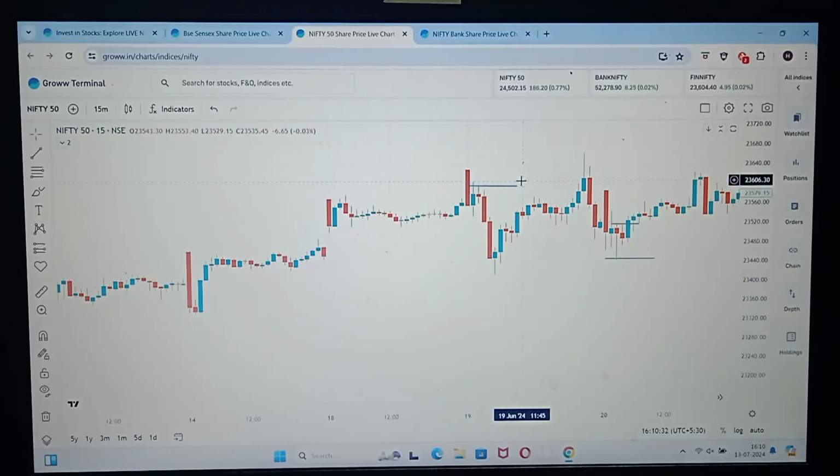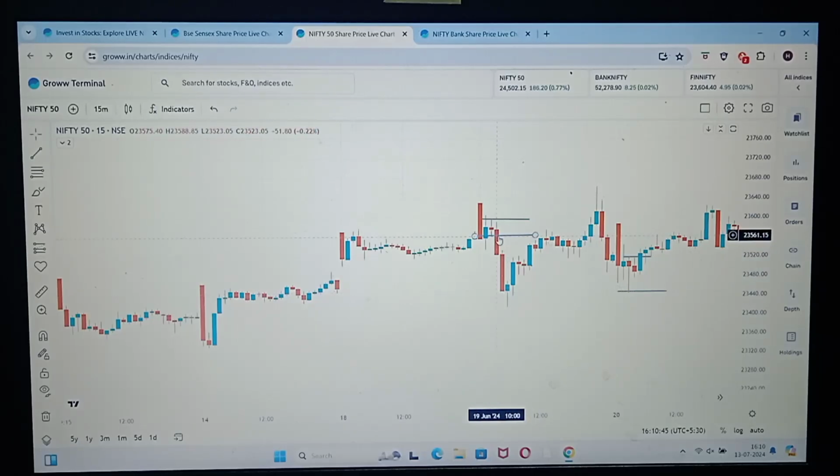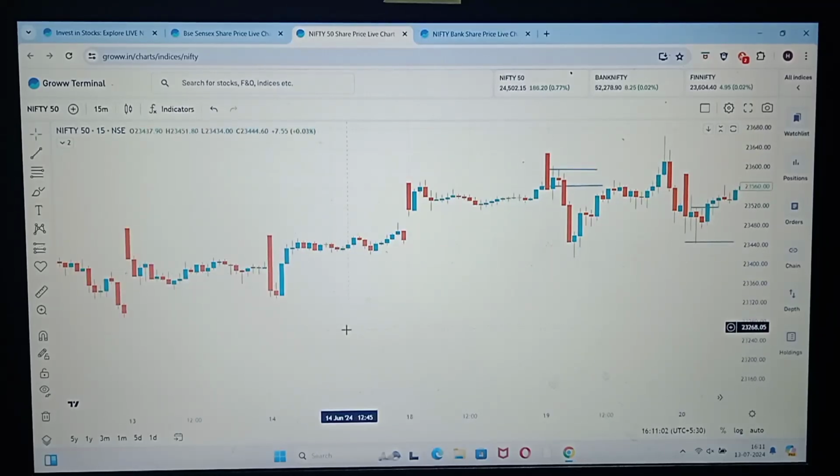You can see this beautiful candle. You can see this big profit from here. At 10 o'clock you can see 23,559. From 559 you can see 444, 120 points, easy profit.